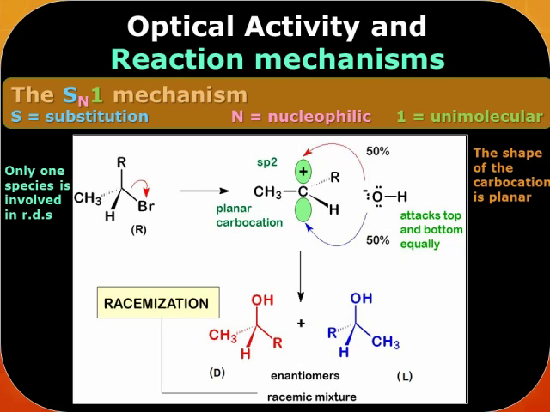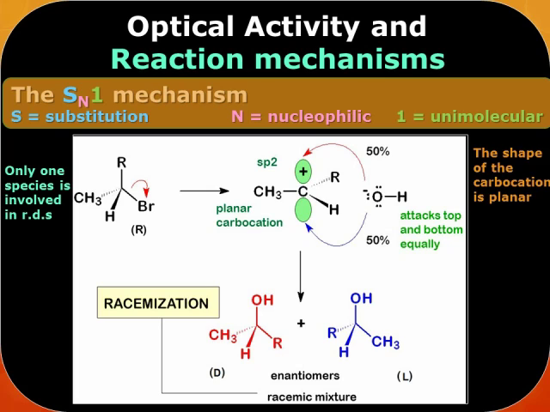Understood? If any compound is planar, it has a symmetry, right? Though the central carbon is positive, it's a carbocation, it is not chiral because it has symmetry. So due to this carbocation having a planar shape, the attack by the nucleophile happens in both ways, from top and from bottom, and it happens in equal amounts, right?